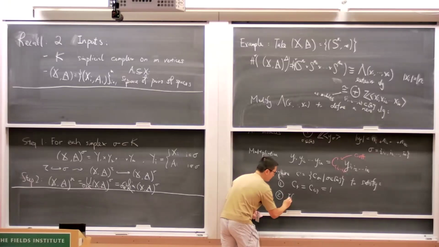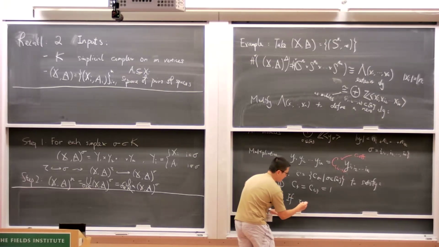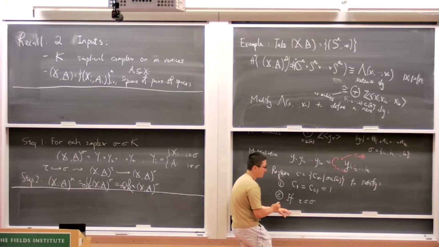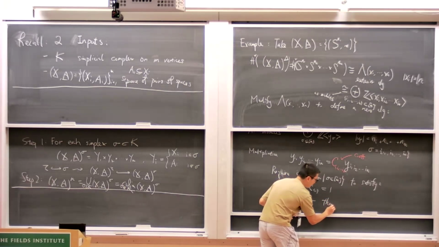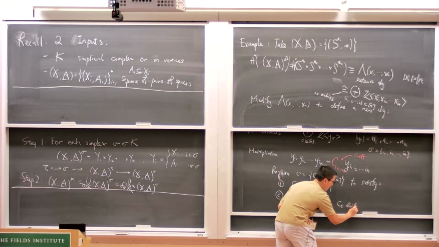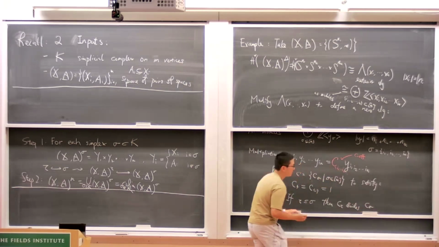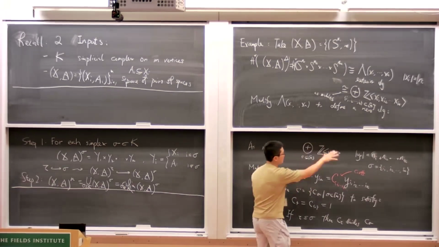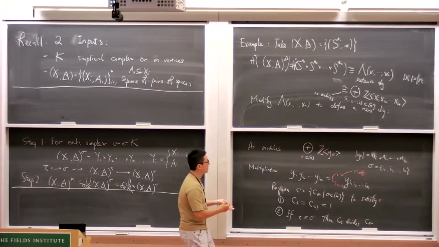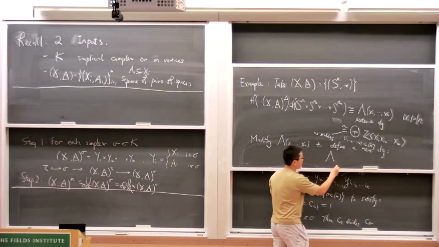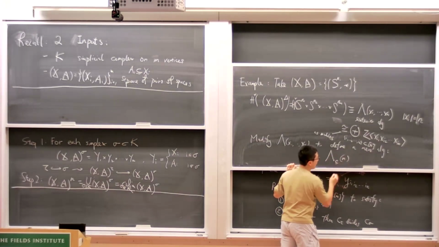And second, if we have a subset tau inside another subset sigma, then we have to make sure that C tau divides C sigma. In fact, imposing these two conditions, you can make sure that this defines a new algebra. Let's call this new algebra lambda C M.